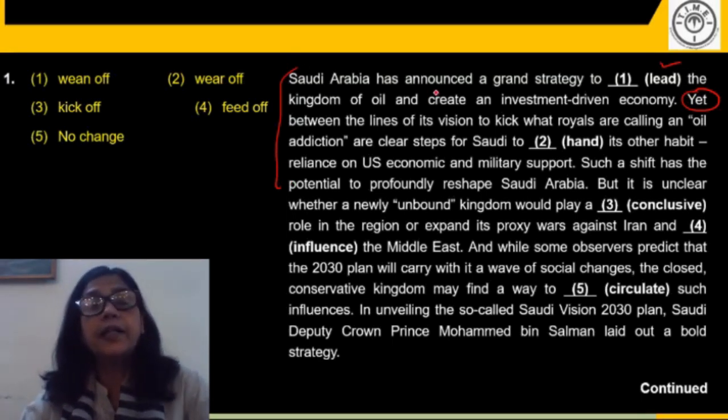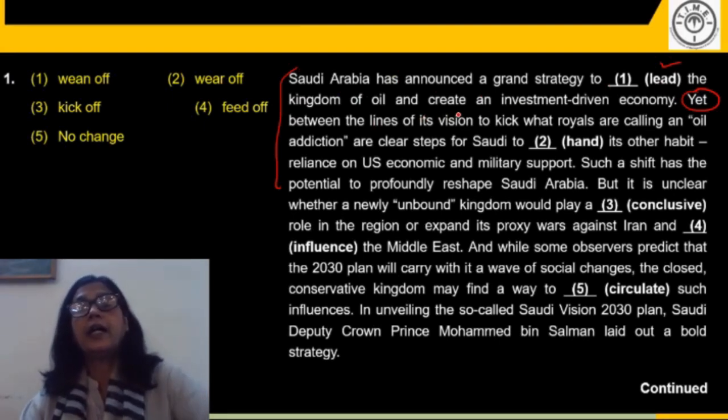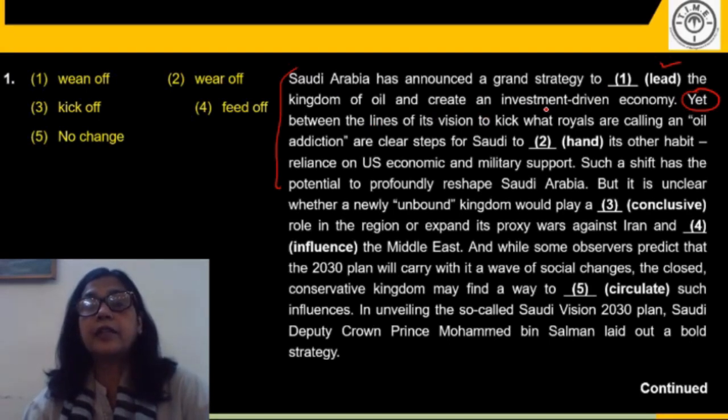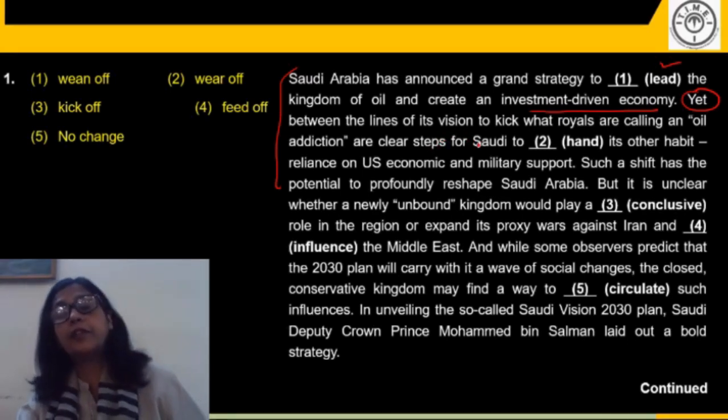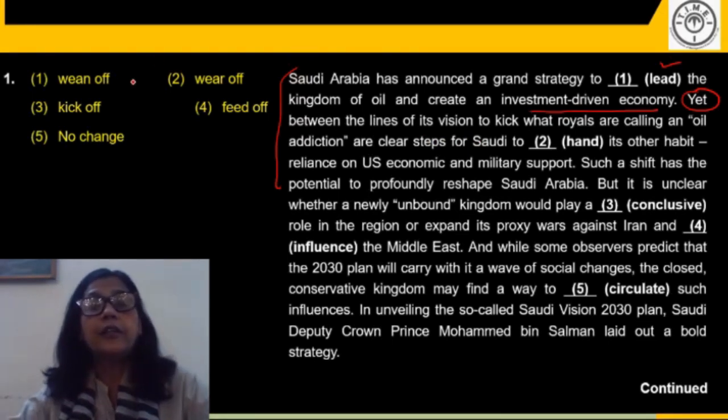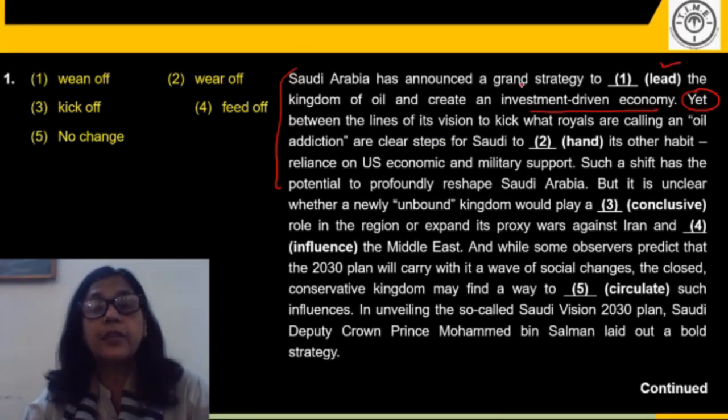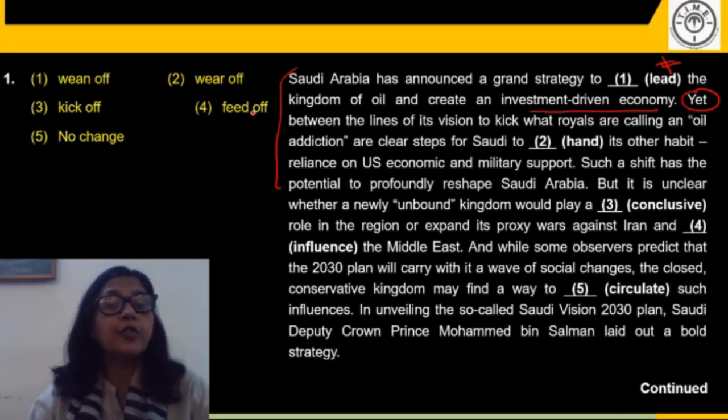So Saudi Arabia has announced a grand strategy to dash the kingdom of oil and create an investment-driven economy. So shifting from the oil-driven economy to an investment-driven economy, right? So if you look at the suggested words here, to lead doesn't fit at all. And the other words that are there: to wean off, to wear off, to kick off, to feed off.